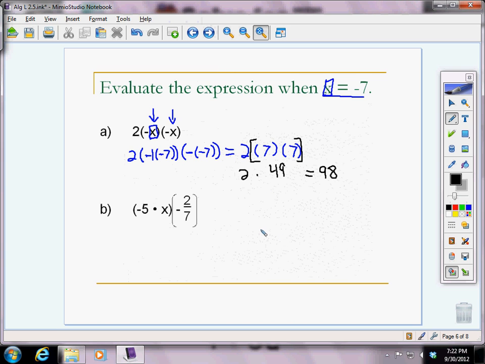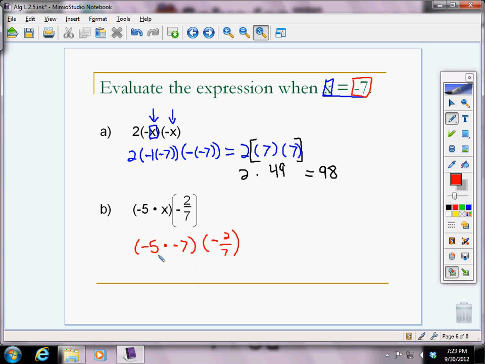Looking at this next example, it says the quantity negative 5 times x, times negative 2/7. Again, we're going to substitute negative 7 for wherever we see an x. So this is negative 5 times, instead of x, negative 7, and then times negative 2/7.